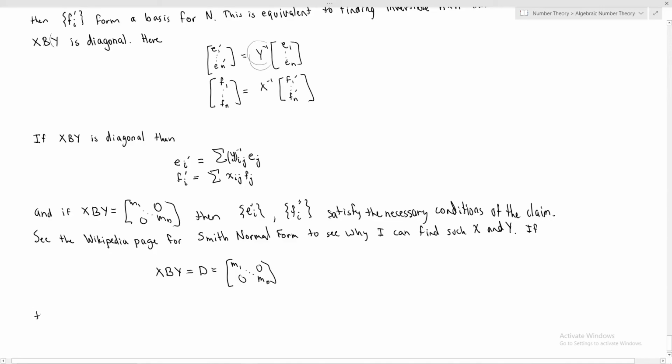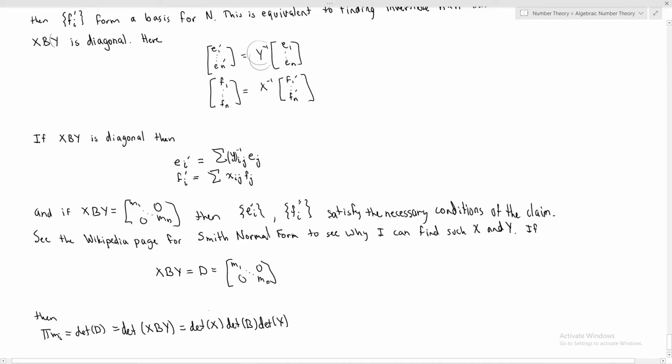If this is the case, then when I take determinants, this is going to be determinant of x, determinant of b, determinant of y. On the left this will be the determinant of d, so this will be the product of the m_i's.